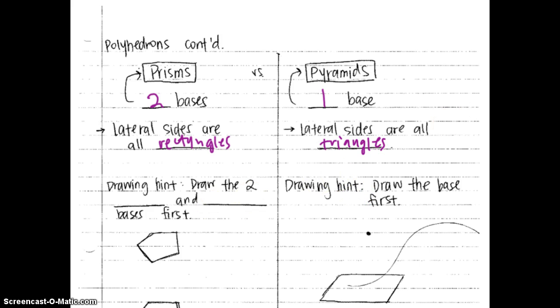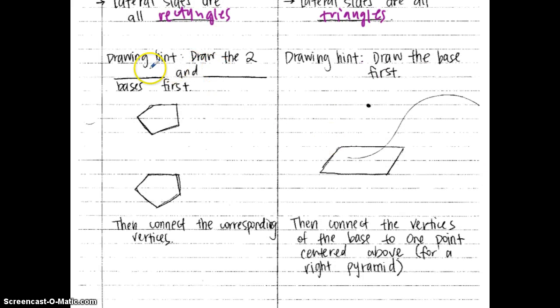Okay. So now, how to draw the 2 bases. When you're drawing any kind of prism, the 2 bases must be congruent, well, for right prisms, I should say. So the ones that are perfectly perpendicular.